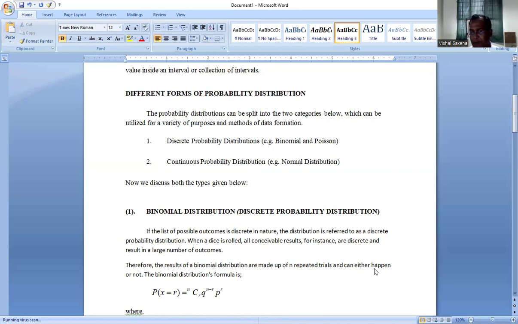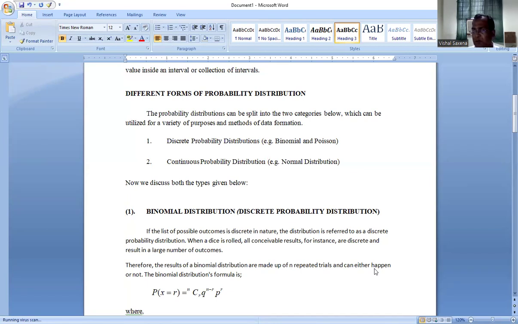For example, when a dice is rolled, all the conceivable results are discrete. In the case of a single dice, there are six possible outcomes: 1, 2, 3, 4, 5, 6.